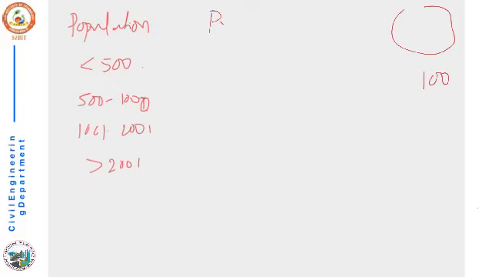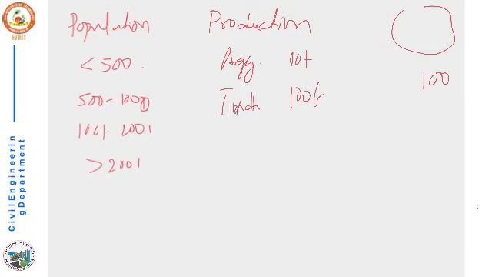Similarly, for the productivity we have to make ranges, maybe where the agricultural goods or the raw materials are up to 10 tons, or industrial products in terms of 1000 tons. So we have to estimate the total amount of productivity, both agricultural and industrial, in that given study area.